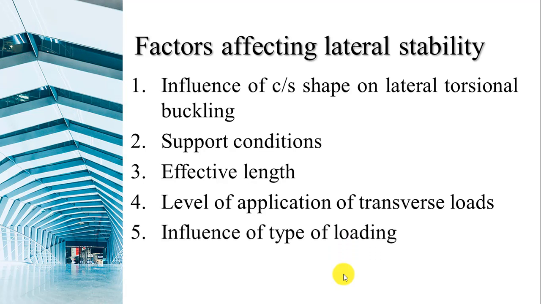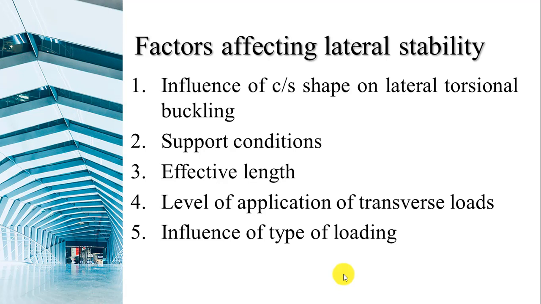And the next one is the influence of the type of loading. Generally, the basic case for the loading condition we consider is for beams with equal and opposite end moments. But it is not the case that this will be applicable everywhere.